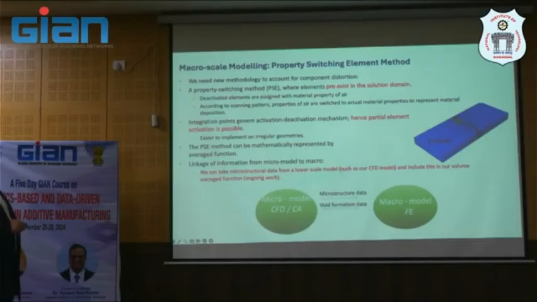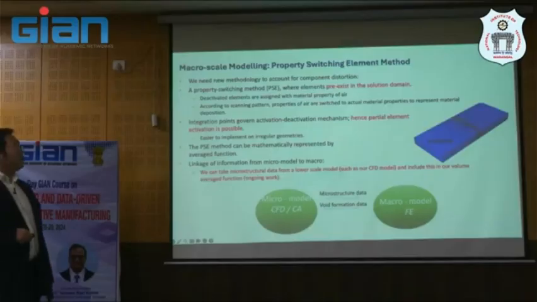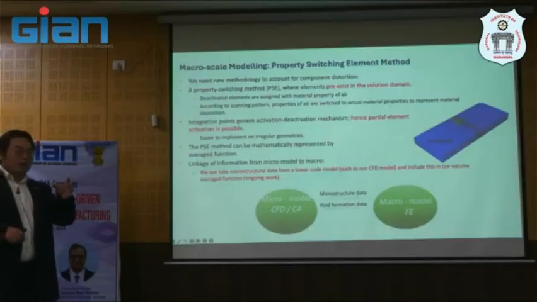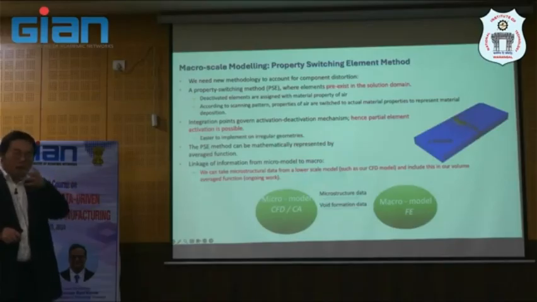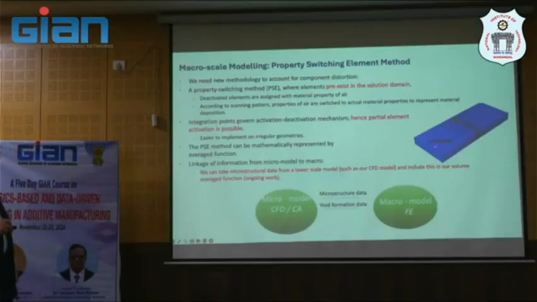So the material property is important in this case, because you need a function that can switch the property considering air and material and powder at the same time in a voxel or in a calculation cell that you do.